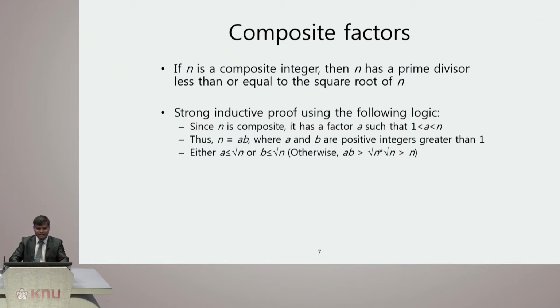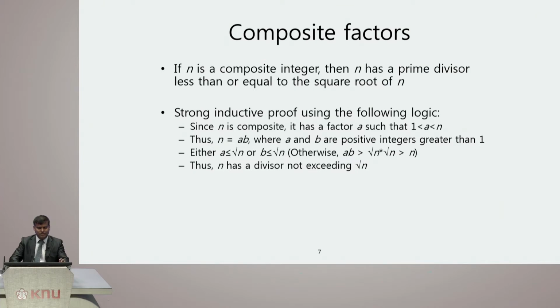And we are saying here that either a is less than or equal to the root of n, or b is less than or equal to the root of n. Otherwise, a times b is greater than root n times root n, which is greater than n. So let's see this observation. Thus n has a divisor not exceeding root n. That's the idea here.